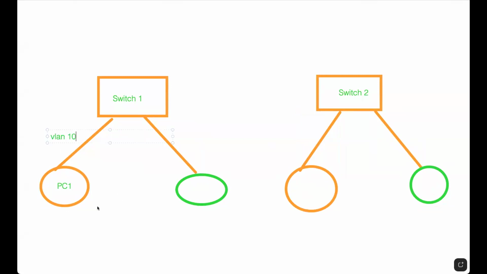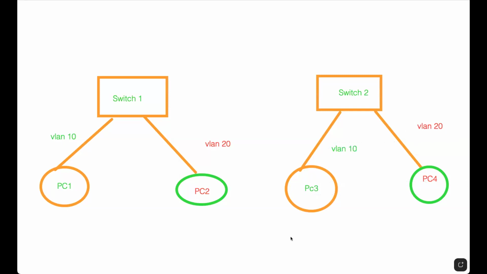This is in VLAN 10, and we put PC2 in VLAN 20, PC4 in VLAN 20, and then PC3 in VLAN 10.